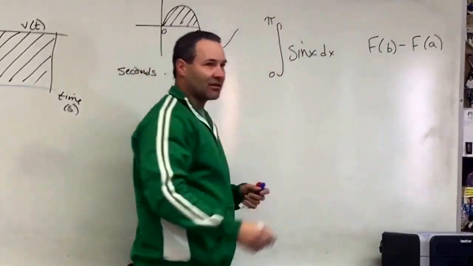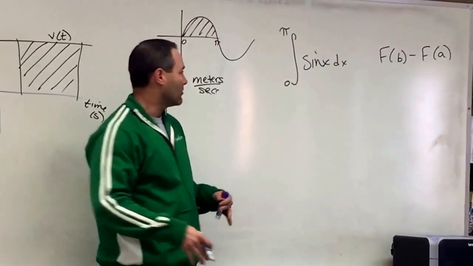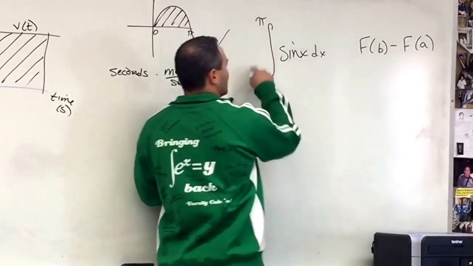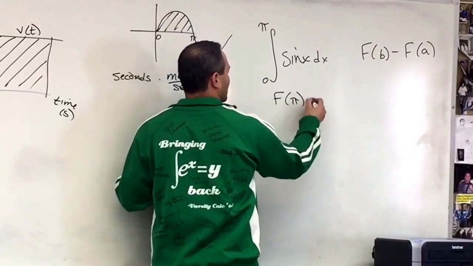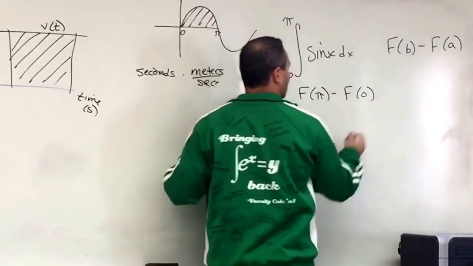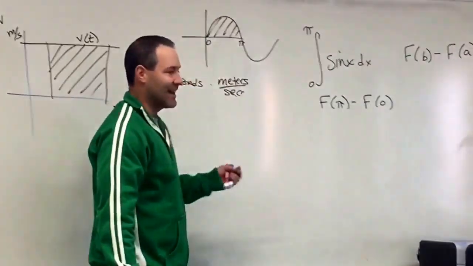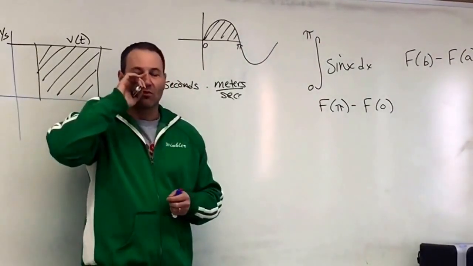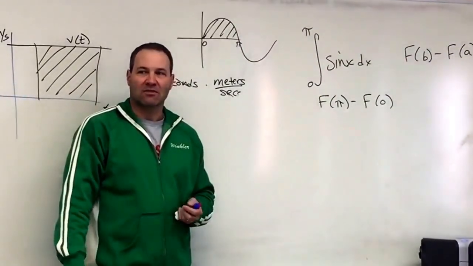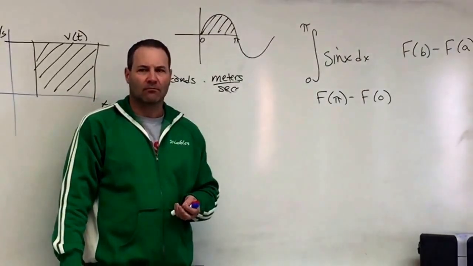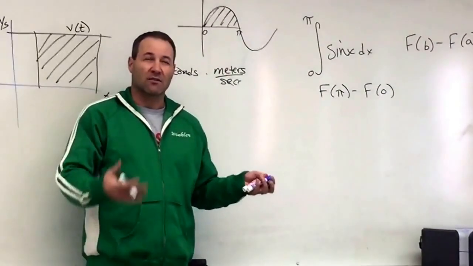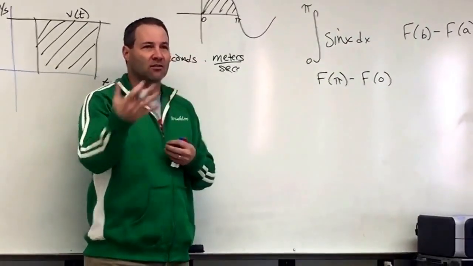It would be capital F of pi minus capital F of 0, where capital F is the antiderivative. Does anybody know what the antiderivative of sine x is? Negative cosine x, because if you find the derivative of negative cosine, you'll get sine x.